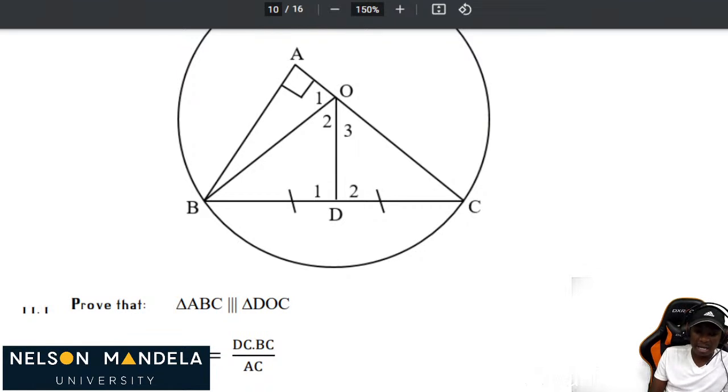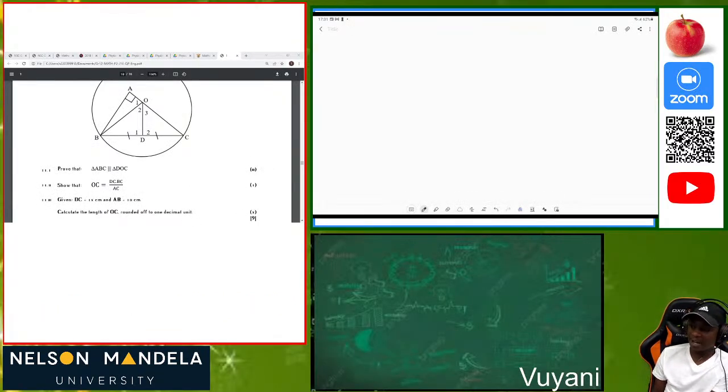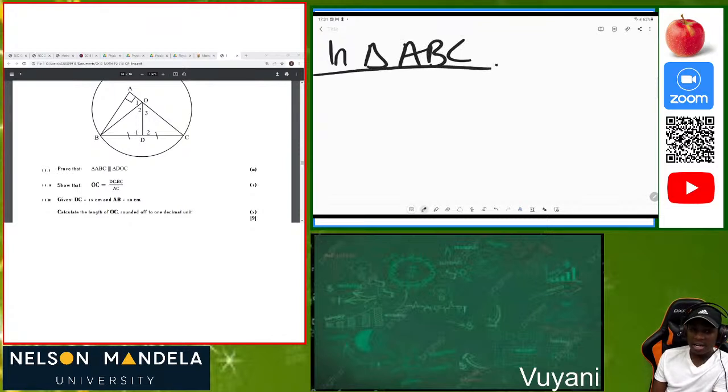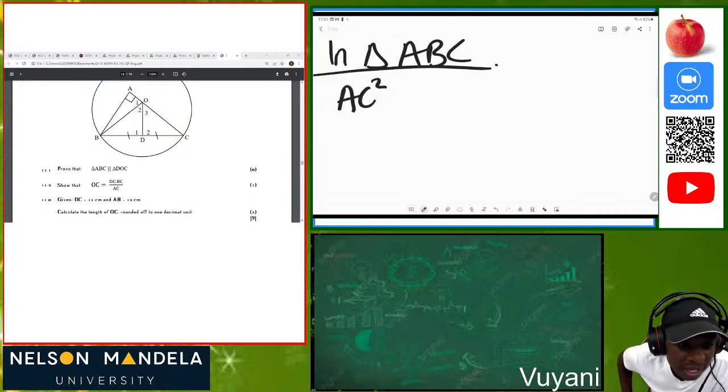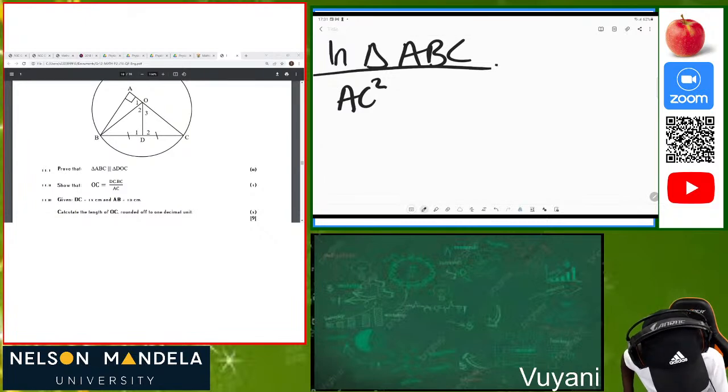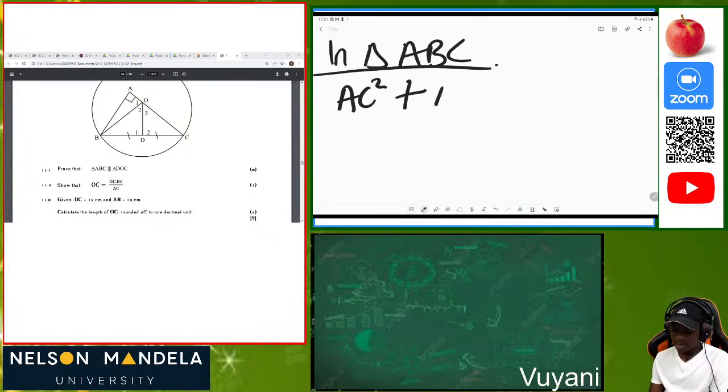We were taught that according to the Pythagorean Theorem, in triangle ABC, so that you can see what we're talking about, AC squared plus AB squared is equal to BC squared.